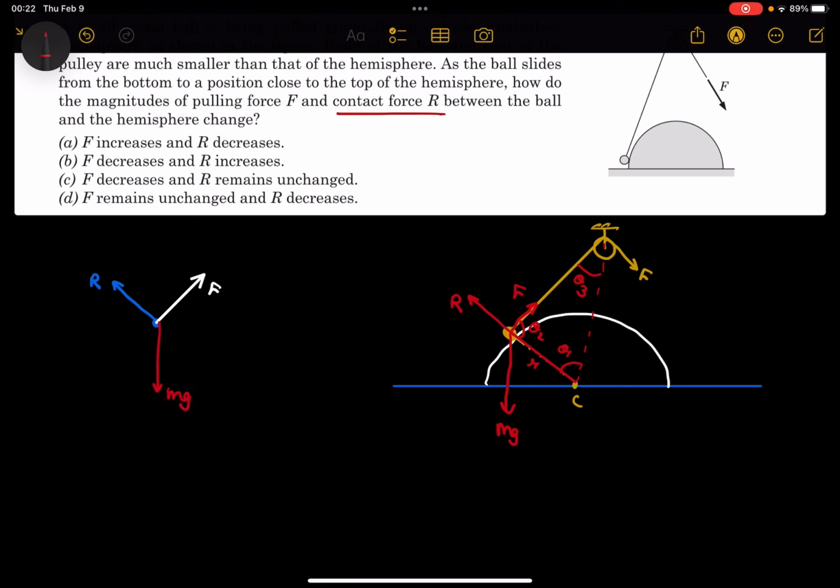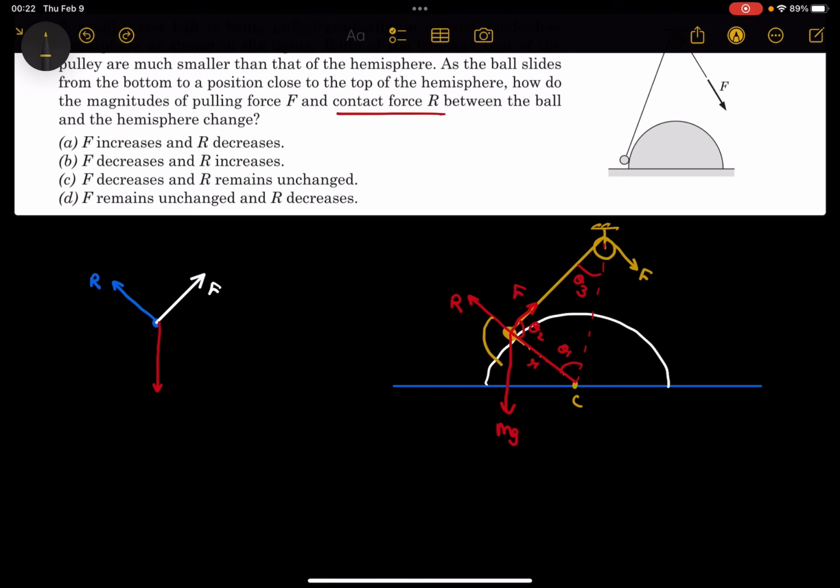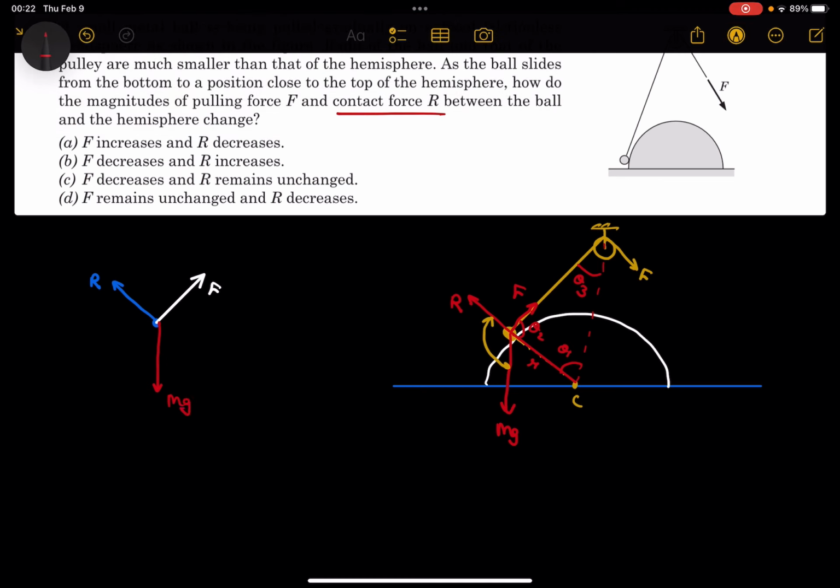Okay, my dear friends, if this angle is theta 1, then the angle between R and mg is pi minus theta 1, that is 180 minus theta 1.